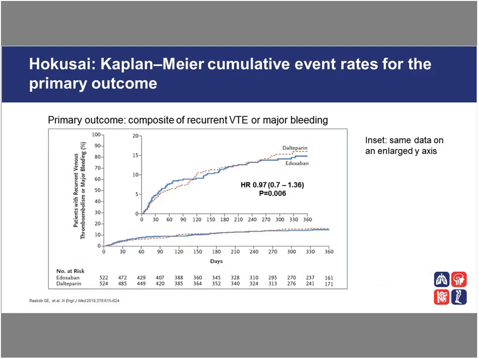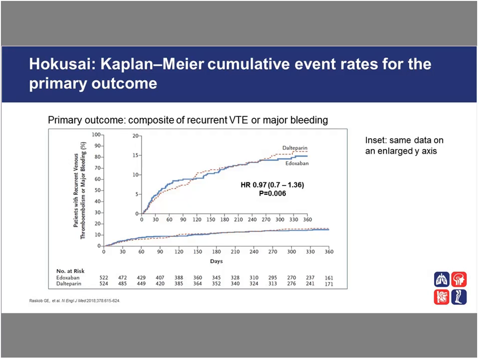So these are the results. We have the classic Kaplan-Meier cumulative event rate curve for the primary outcome of the composite of recurrent VTE or major bleeding. And we see that there was no difference in the estimate of effect.